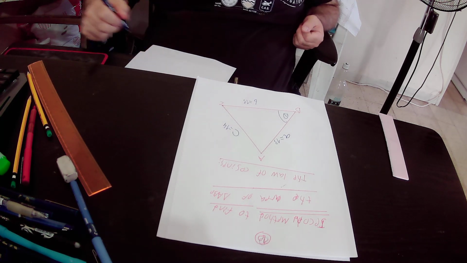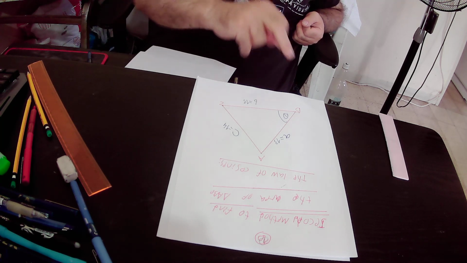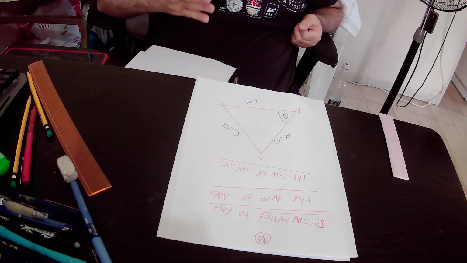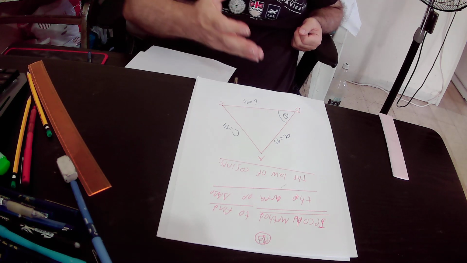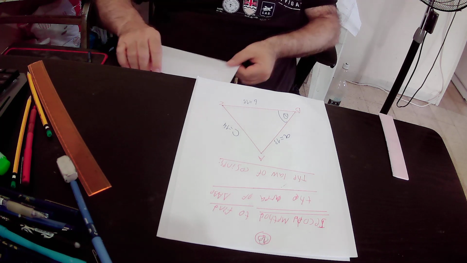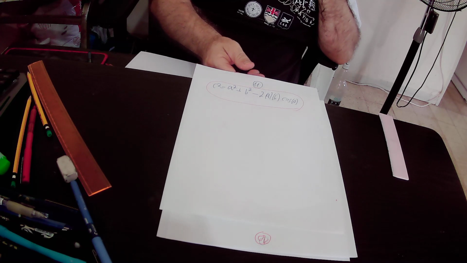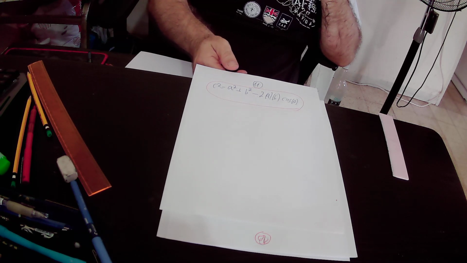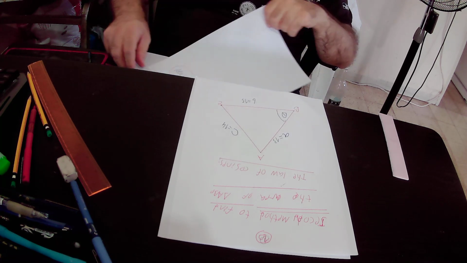The only missing variable is theta. So we can find the value of cosine theta by solving this equality that is called the law of cosines. So we'll do it now.